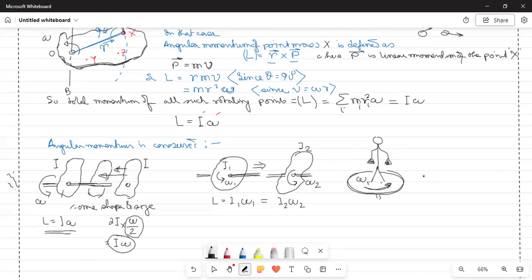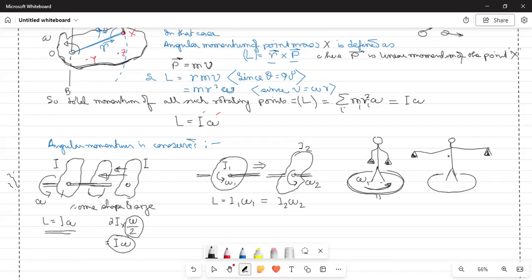Now, you can do it yourself if you have a rotating table. He is on the same rotating table, but now what he does is he extends his hands, and these are the two heavy weights. These two weights are pretty heavy in comparison to the man's own weight.